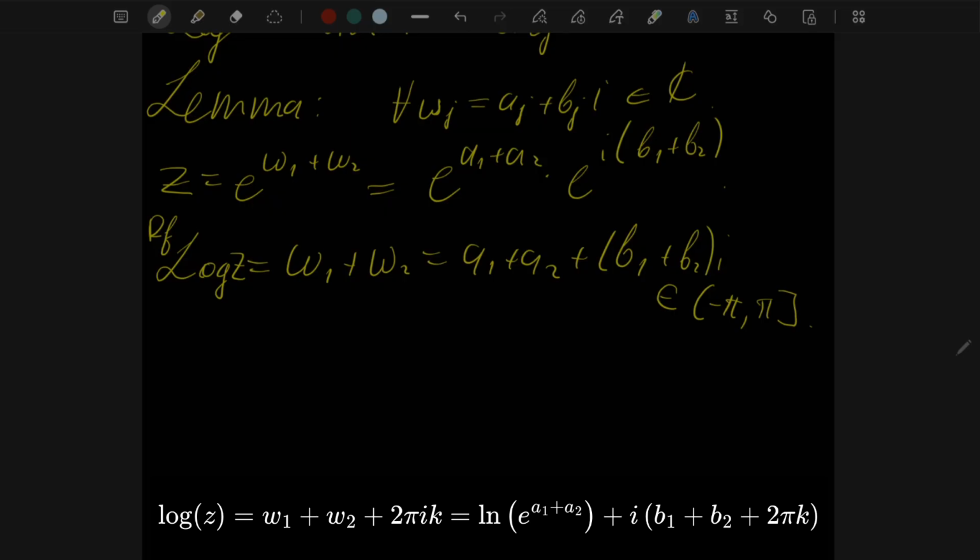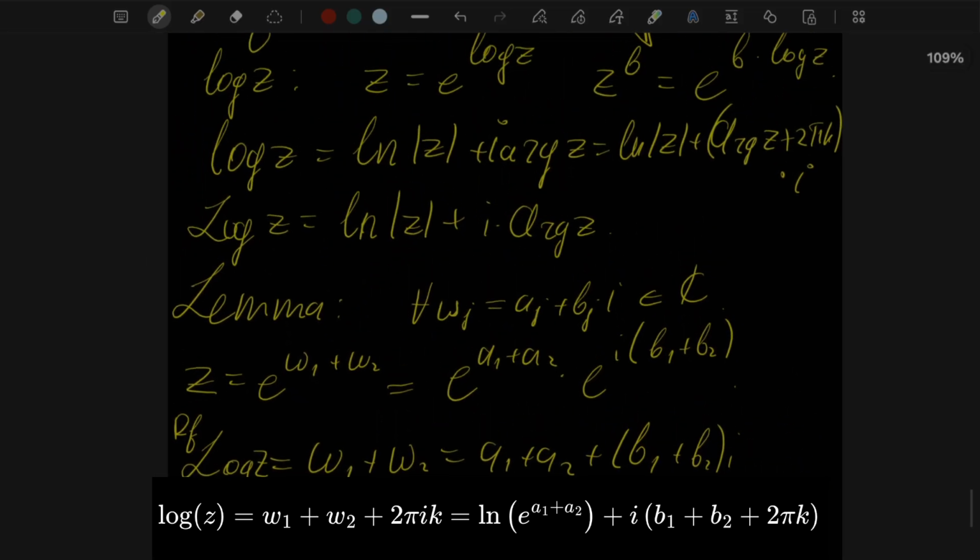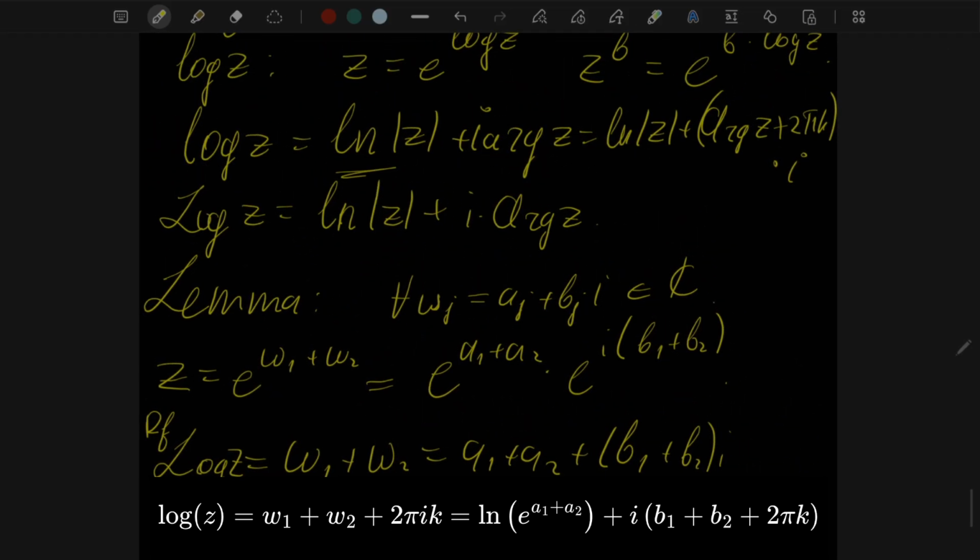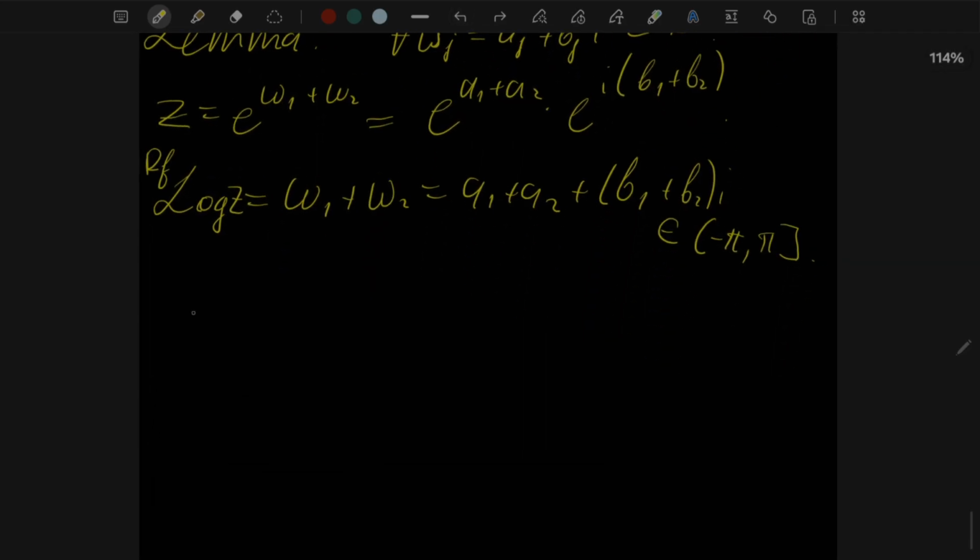And from that, we can see that a1 plus a2 is the natural logarithm of e to the a1 plus a2. Does that make sense? And hence, the absolute value of z is e to the a1 plus a2.